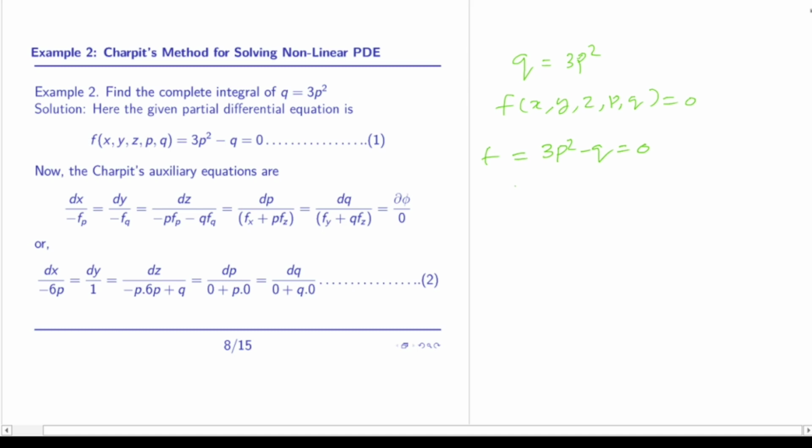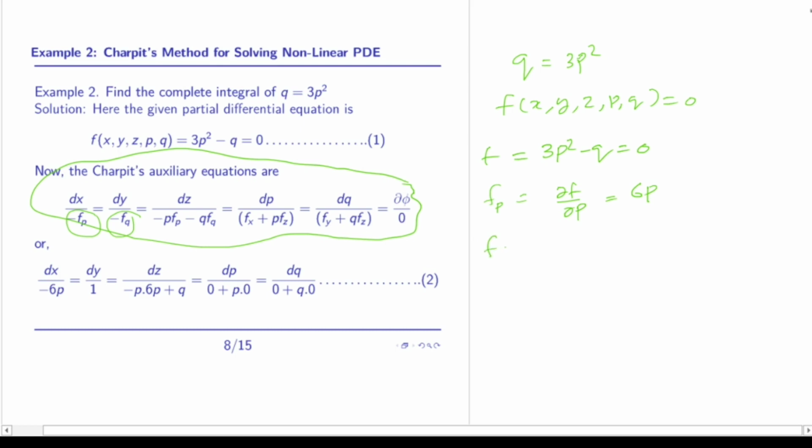Now we have to write Charpit's auxiliary equation. This is the standard equation. You have to make sure that you remember this equation. In this we have to find fp, fq, fx, fy, fz. First of all, let us find fp. fp is nothing but ∂f/∂p, which from this equation is equal to 3 into 2p, that means 6p.